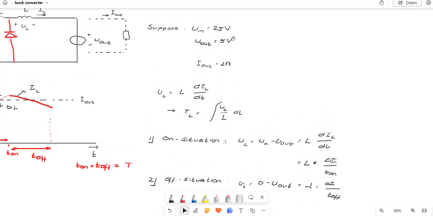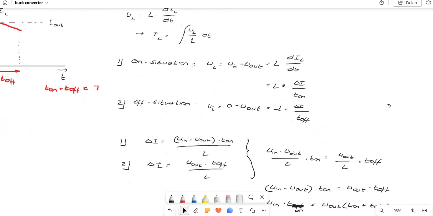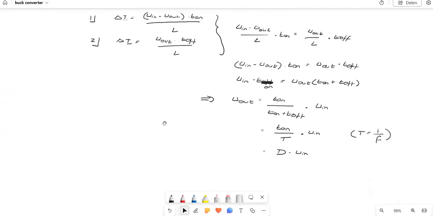Suppose we want to have an output voltage of 5 volt and we have an input voltage of 25 volt. When U in is 25 volt and we want an output voltage of 5 volt, then we know that the duty cycle D has to be the output voltage 5 over 25, which is 0.2.